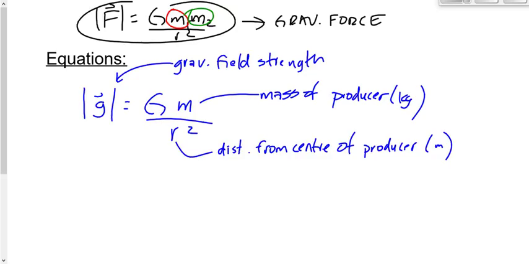So we would use the mass of the Earth if that was our question. What do you think we call this equation? Take a look at what you see up here, trying to come up with a good name for this equation. Yeah, that works, gravitational field strength, although there is another one, so we have to be able to distinguish between this one and the other one.